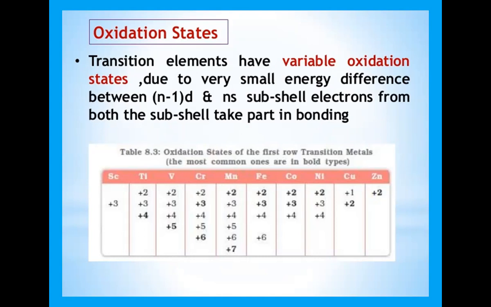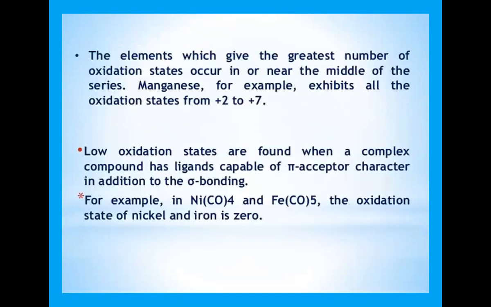So from iron onwards, it once again decreases. That is why it is to be noted that the elements which give the greatest number of oxidation states occur in or near the middle of the series. For example, manganese, which is capable of showing even from +2 to +7.